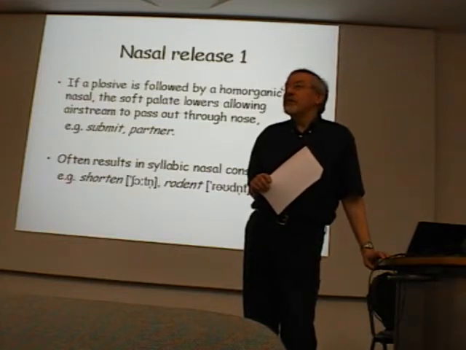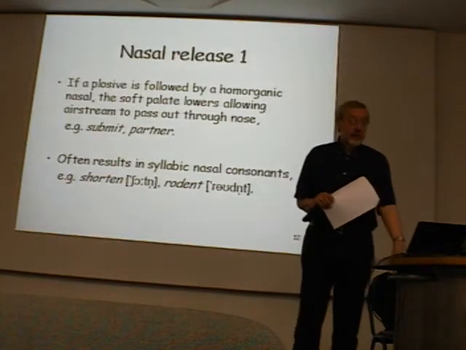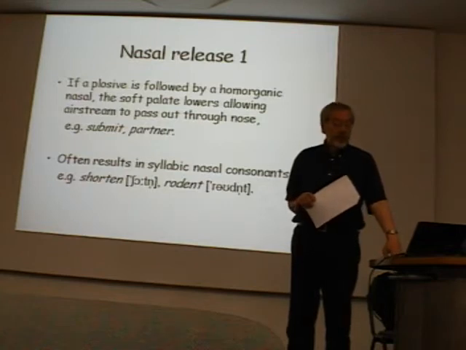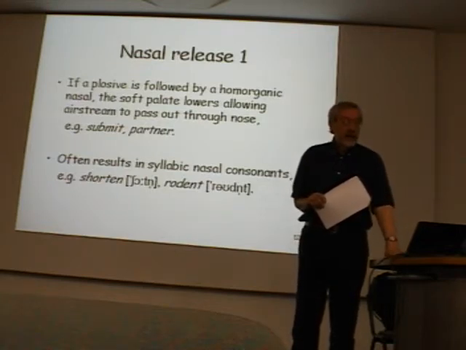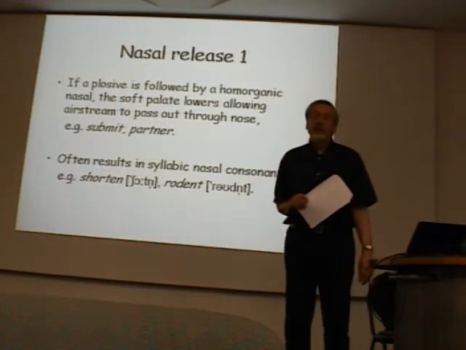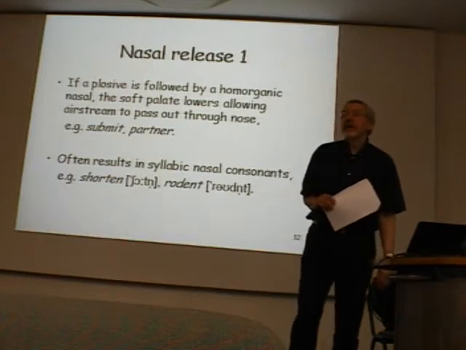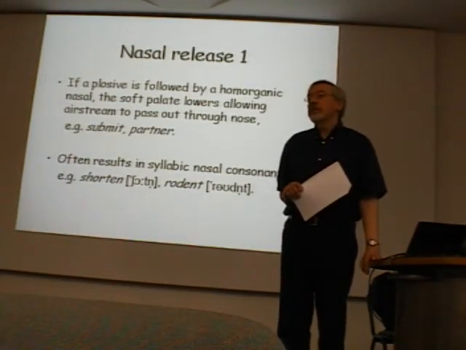So this then is nasal release, and you often have it resulting in what are known as syllabic consonants, where the consonant, in fact, is equivalent to a syllable. So you have here in shorten, rodent, the effect that you have a syllabic consonant there.